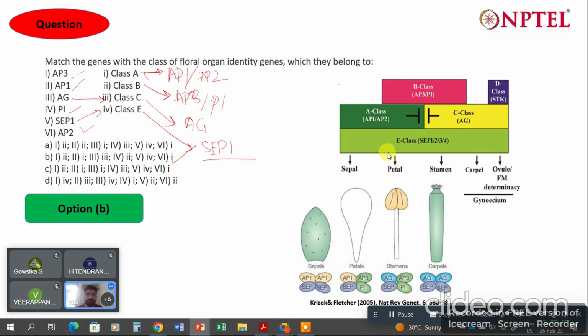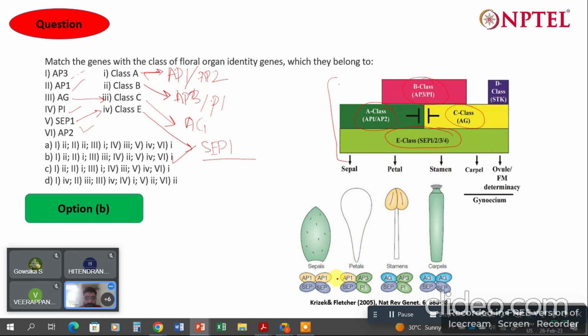So this is the explanation for the question. As we have discussed, AP1 and AP2 belong to class A genes, AP3 and PI belong to class B genes, AG genes belong to class C, and class E corresponds to SEP genes. These genes are important in developing the different floral organs of the plant.